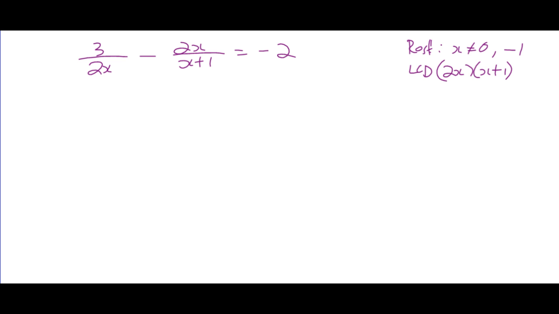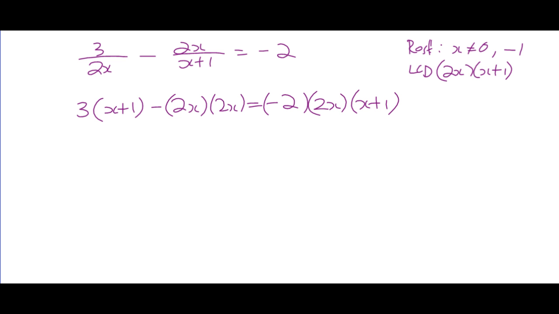So I know that I need to multiply this by the LCD, which is going to end up being 3 times x plus 1, because the 2x is going to cancel. Minus, and I got a 2x, and what's it going to be multiplied by? Just the 2x, because the x plus 1 is going to cancel. And that's equal to -2, and there's nothing to cancel, so we have to put down the full denominator.